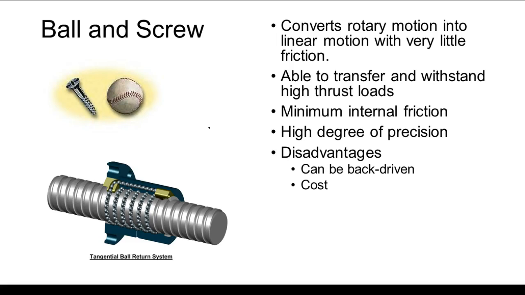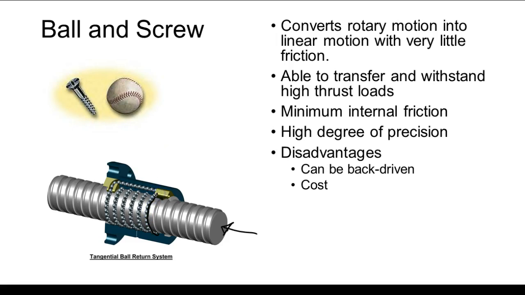This is what we call a ball and screw gear. What we're doing is taking a rotary motion, number one, and turning it into a linear motion. So the screw actually turns, and when it starts turning, these ball bearings are in there to support the weight and give us a little friction as they start rolling.